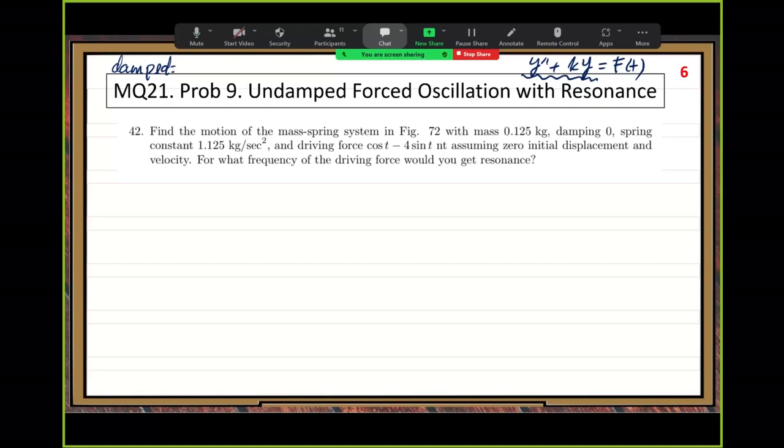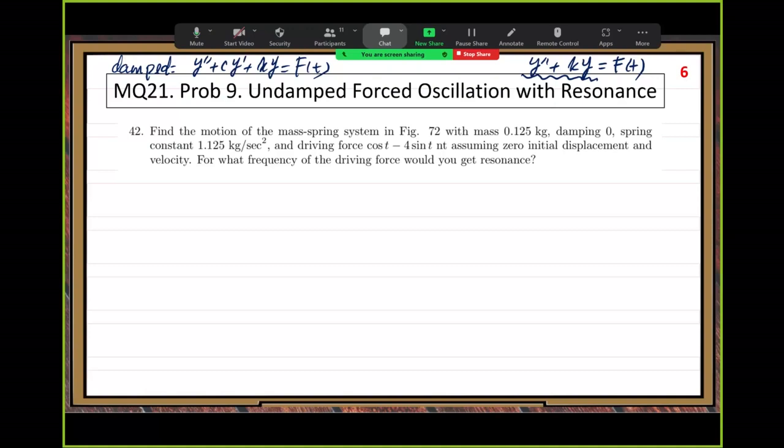The equation you will get, in a simplified version, is c y prime plus k y equals F of t. That's the damped case, with a non-zero damping constant c.